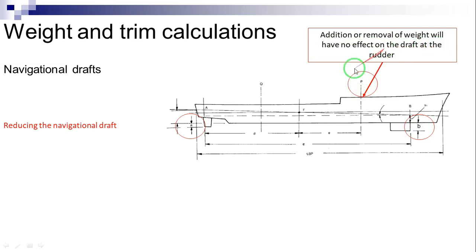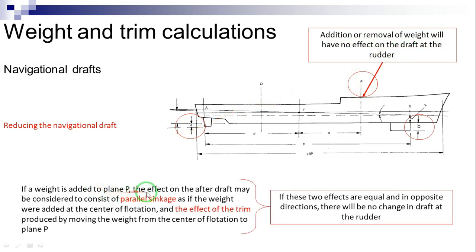If a weight is added to plane P, the effect on the aft draft may be considered to consist of parallel sinkage, as if the weight were added at the center of flotation, and the effect of the trim produced by moving the weight from the center of flotation to plane P. If these two effects are equal and in opposite directions, there will be no change in draft at the rudder.